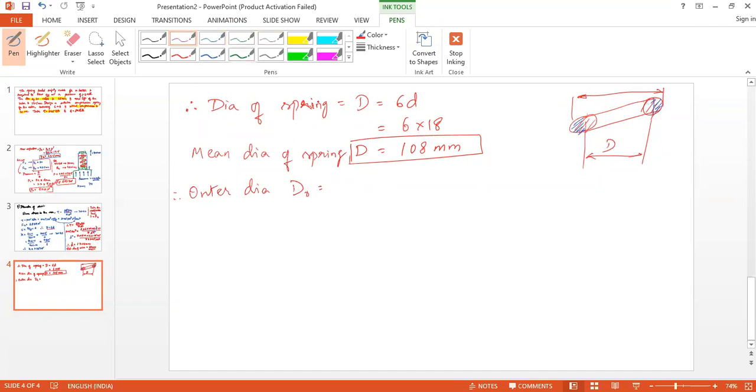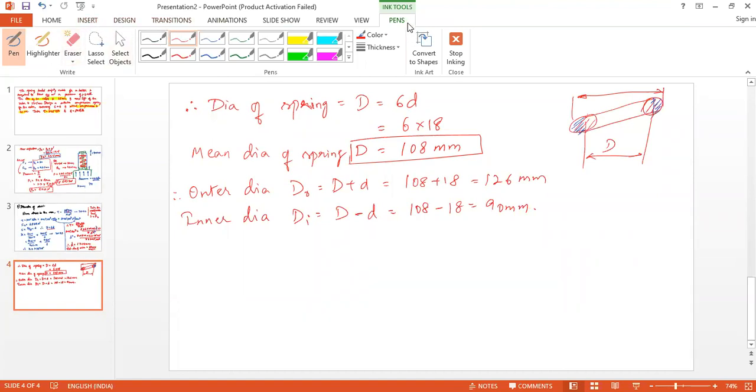So it is D plus d, that is 108 plus 18, it is 126 mm. And inner diameter is D minus d, that is 108 minus 18, which is 90 mm.